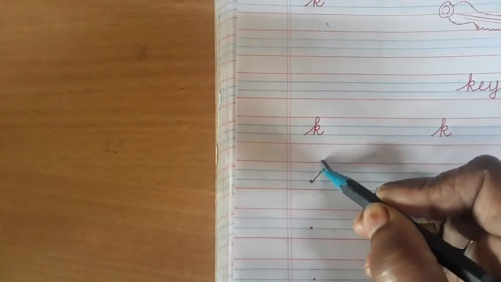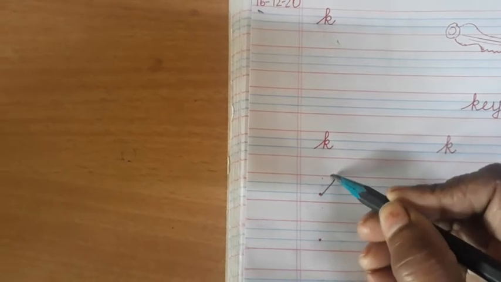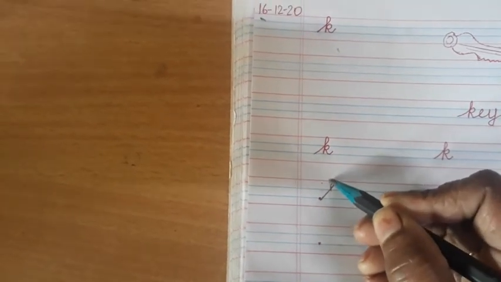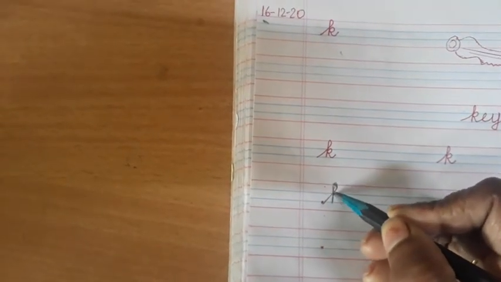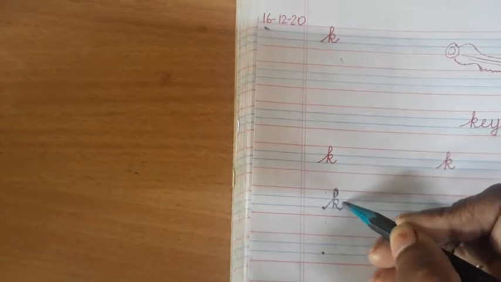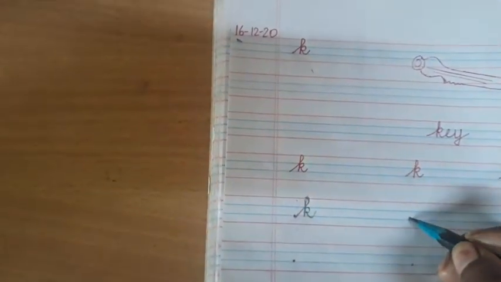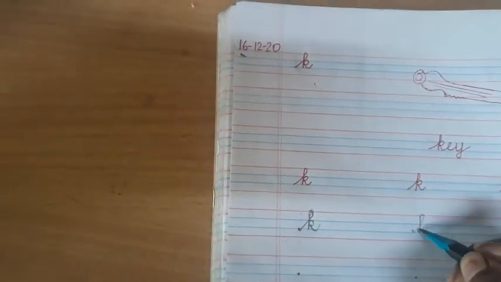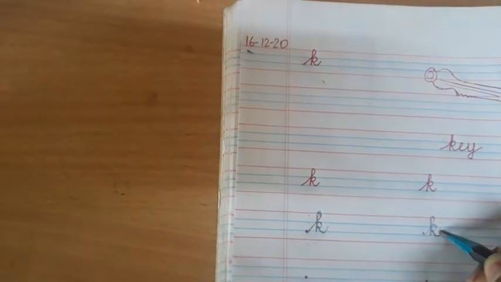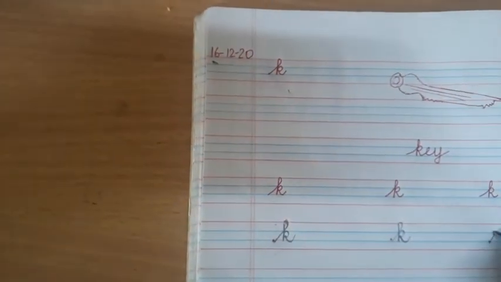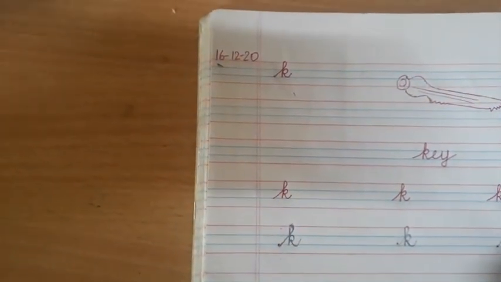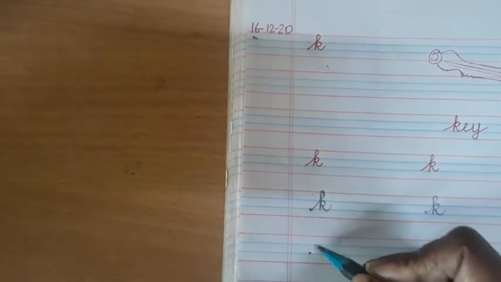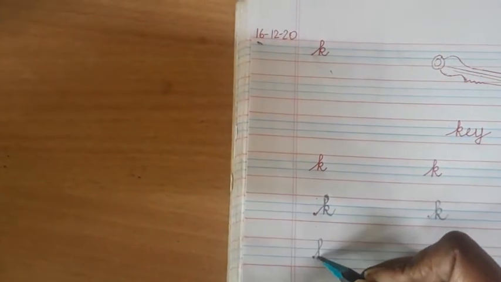Then you will do like this and then make a curve like this and this. K sounds K. So in this way you will write in your English notebook.